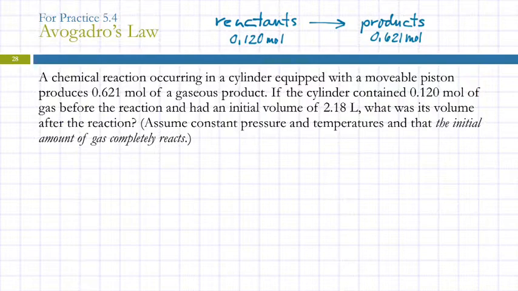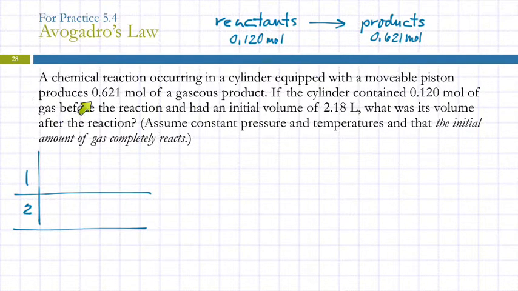So let's make a table again, because those tables are really useful. If I'm just going along, I come to this number first. I'm going to stick that in here, 0.621 moles. And then I ask myself, in the gas laws, the P, V, N, and T, what letter would this be?